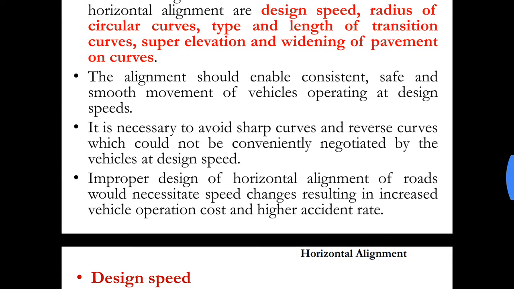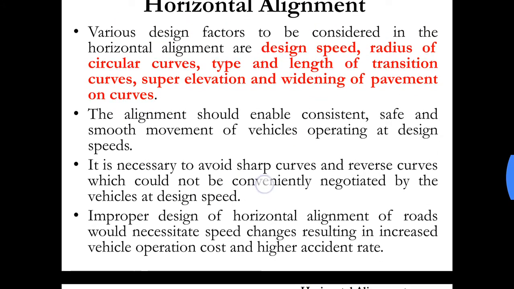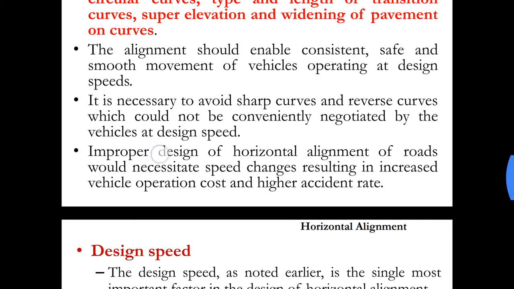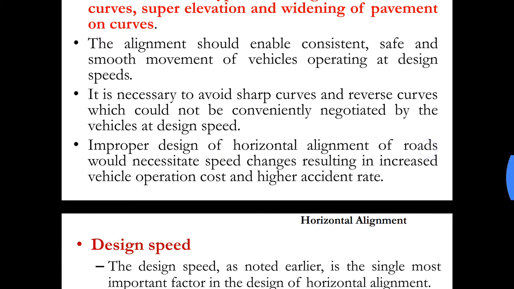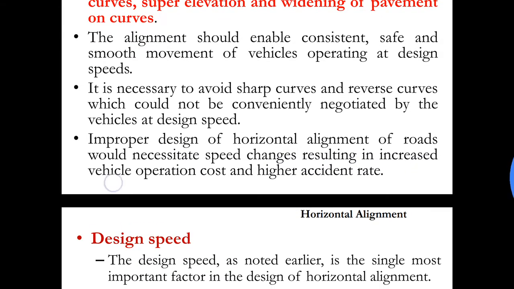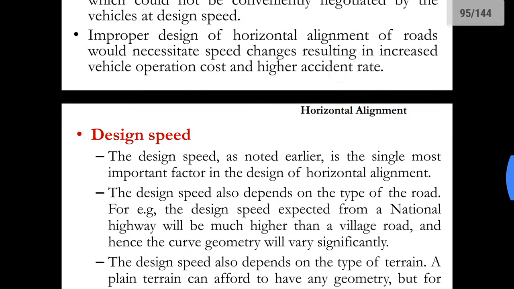We have already discussed these points in my previous classes when we were discussing the setting of alignment. Improper design of horizontal alignment of roads would necessitate speed changes, resulting in increased vehicle operation cost and higher accident rate. It may hamper the safety of the road users.